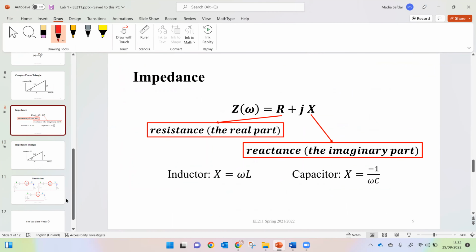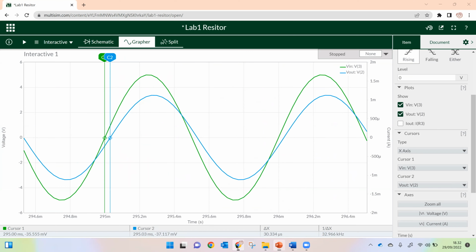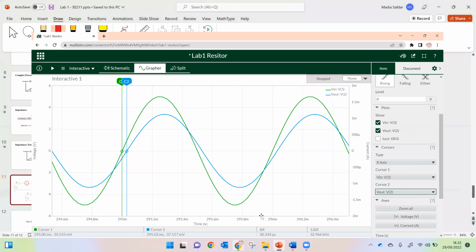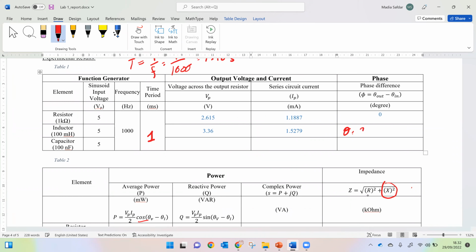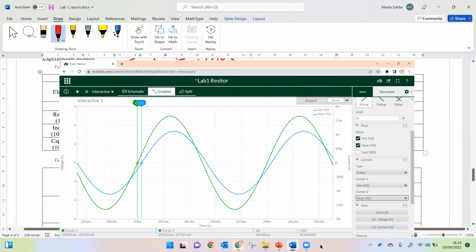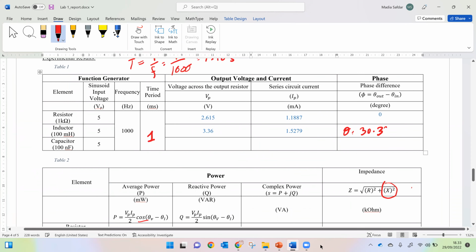Okay, so this is how much? 30.334 microseconds. So for the phase angle, theta will be 30.3433 micro, where micro means 10 to the power minus 6.